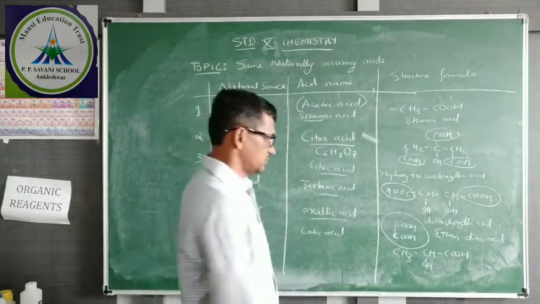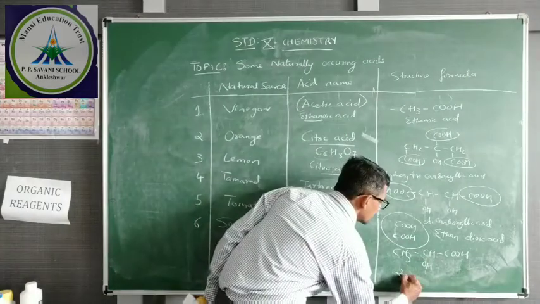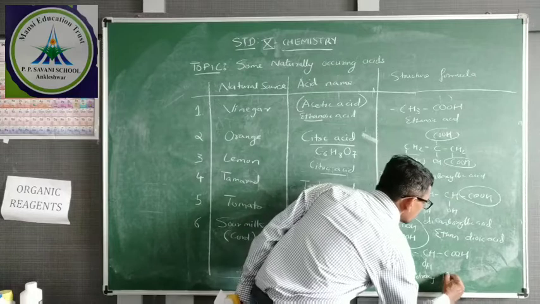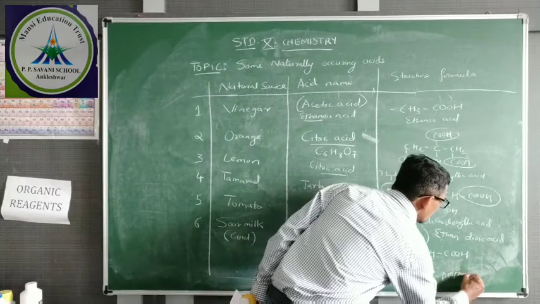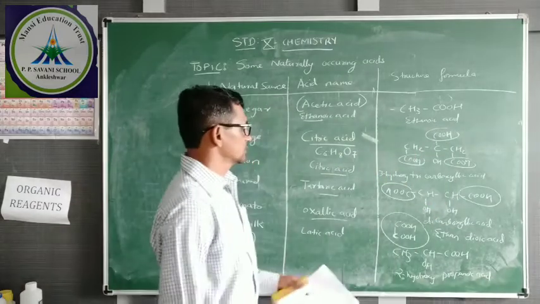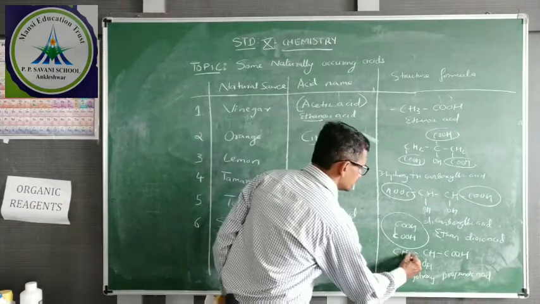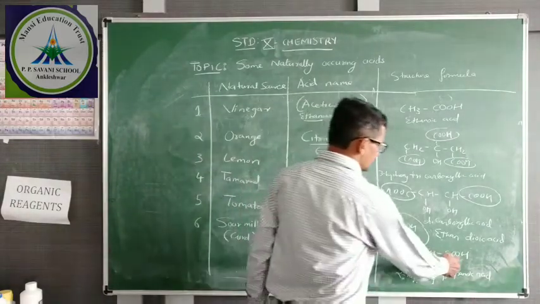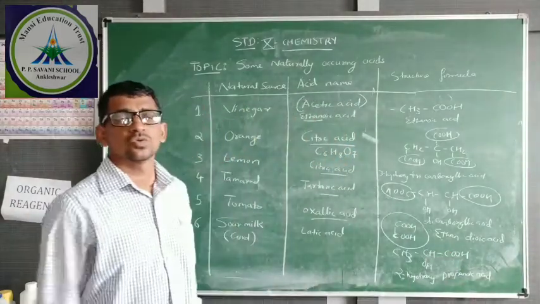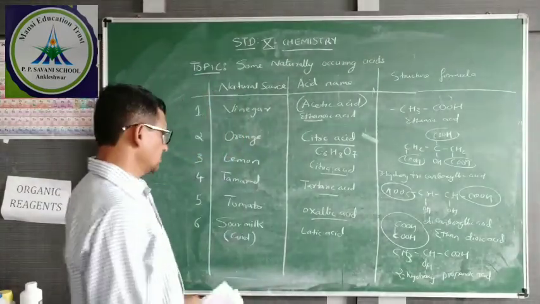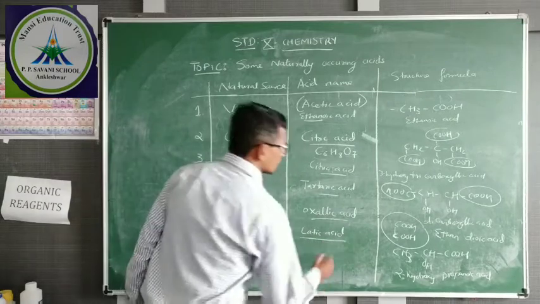So it is 2-hydroxy propanoic acid. Okay, CH3, CHOH and COOH. So it contains only 1 COOH group. So that is lactic acid.